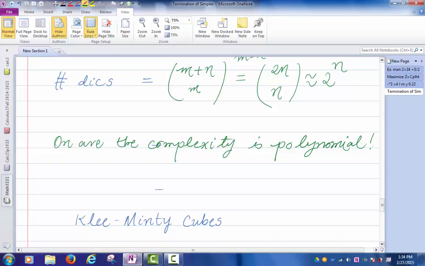In fact, there are other methods for solving linear programming problems besides simplex, and there is a method which is proven that its complexity is polynomial always. The worst case complexity, there is a method which is polynomial time.